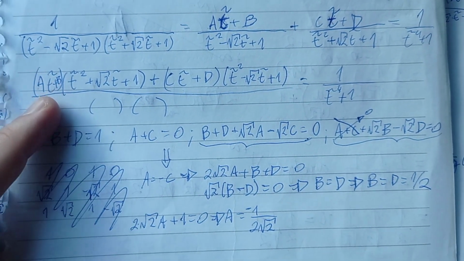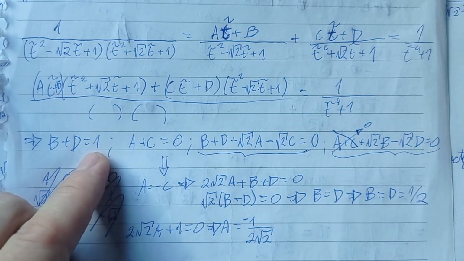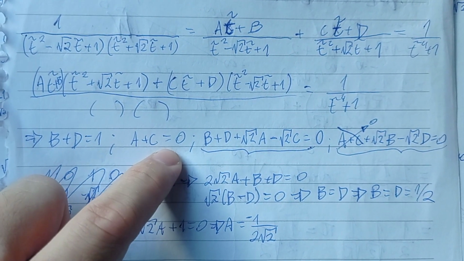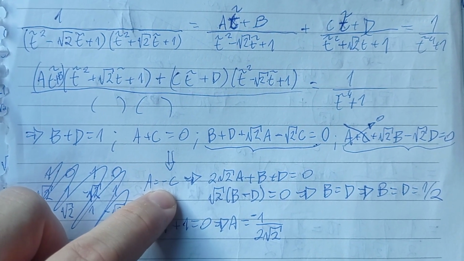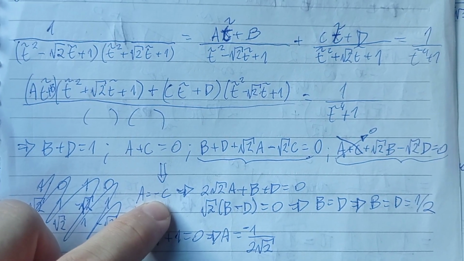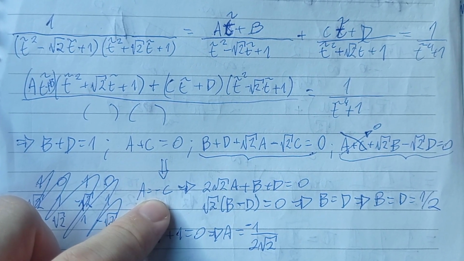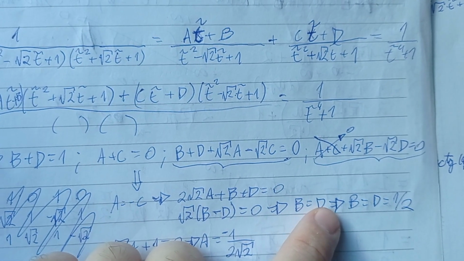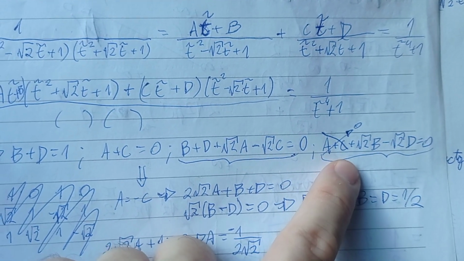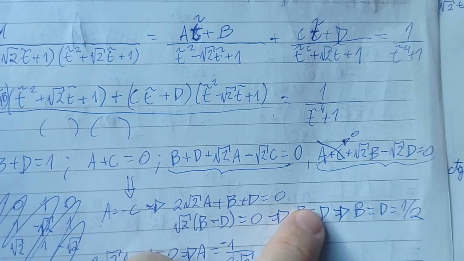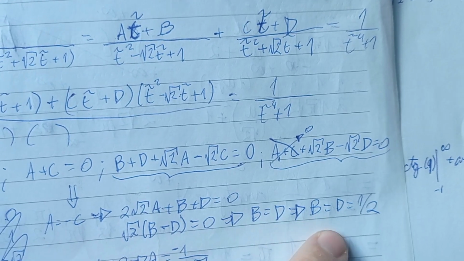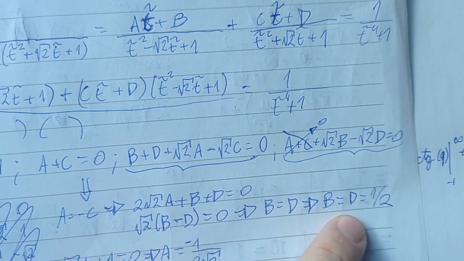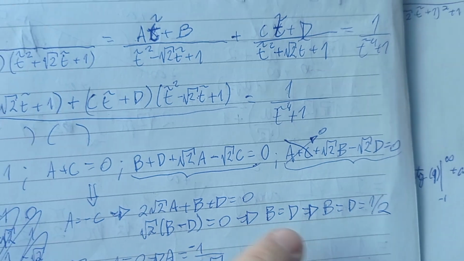So I did this here. BD is going to be 1, A plus C equals 0. So this means that A is minus C. So we can put, instead of C, minus A everywhere. After we put that everywhere and we recognize that A plus C is 0 from this, we obtain the relation between B and D, which is that they are equal and they are both half.